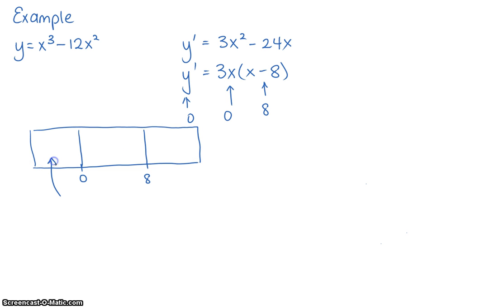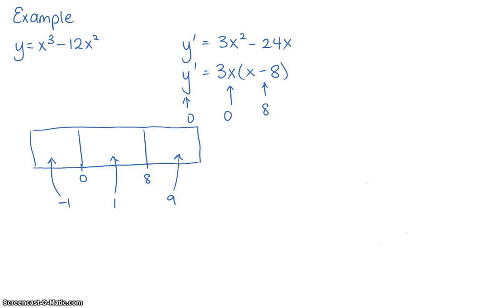We can choose any value lower than 0, let's just say -1, any value between 0 and 8, let's choose 1, and anything larger than 8, let's choose 9. If we plug these into the derivative, it tells us whether the derivative is greater than or less than 0, and so whether the original function is increasing or decreasing.